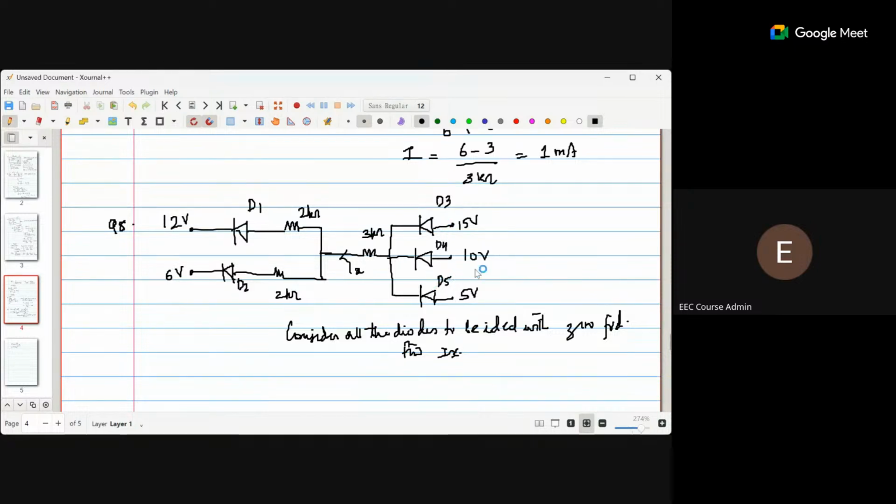These three. Among these three, it will be 15 volts: D3, D4 or D5.